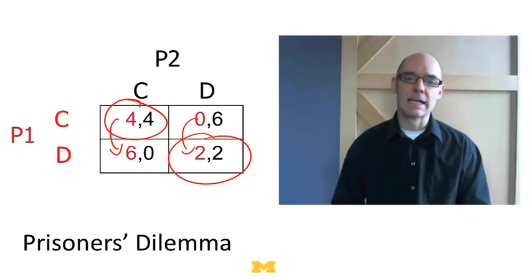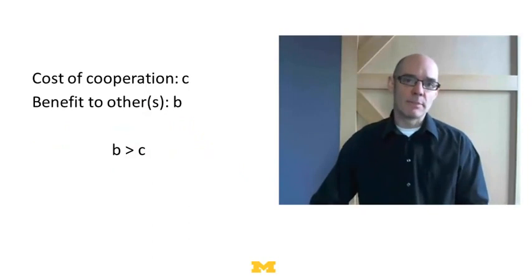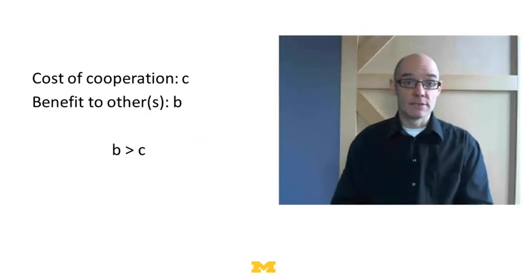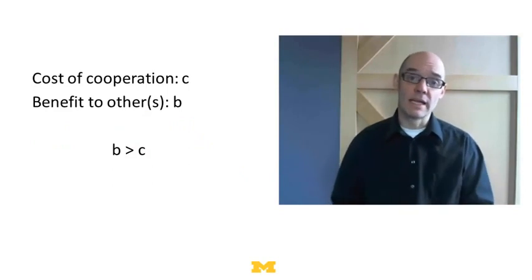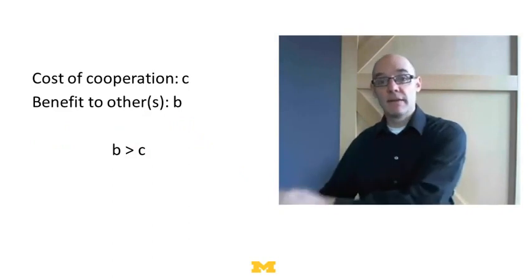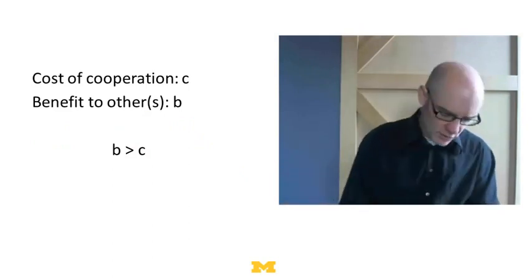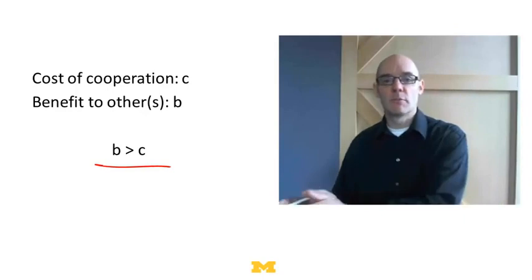To analyze that, I want to move to a somewhat simpler model. I'm going to assume that each person just has an action they can take, and if they take that action, it has some cost and some benefits. So I'm assuming that if I cooperate, that has a cost to me of C, but it has a benefit to the person I'm playing with of B. And I'm further going to assume that their benefit is larger than my cost.